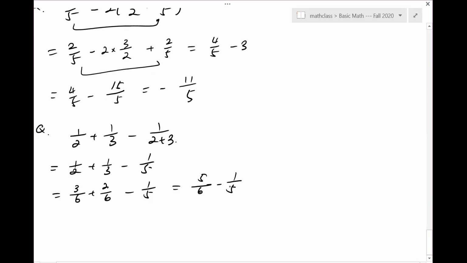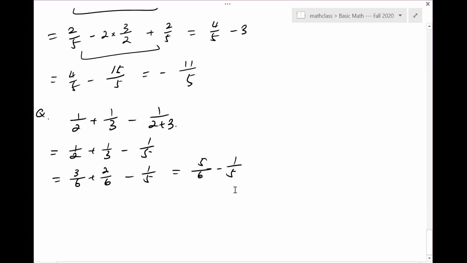Then, if you don't want to make common denominator, just use the formula, right? The formula says that there will be 6 times 5, and the cross product, 5 times 5 minus 6 times 1. So 25 minus 6 and 30, that's positive 19. Right. So 19/30.